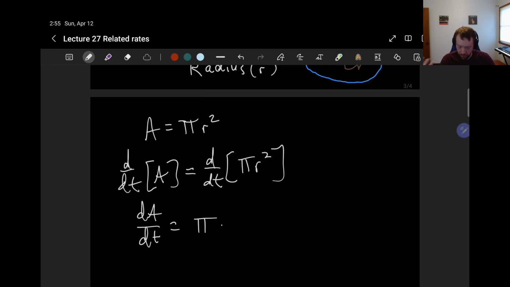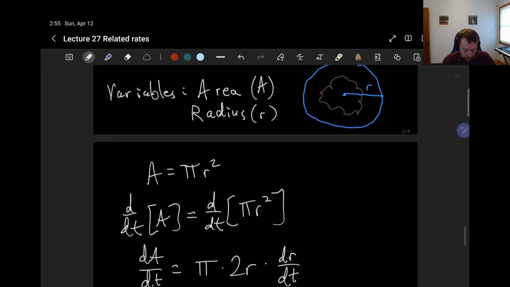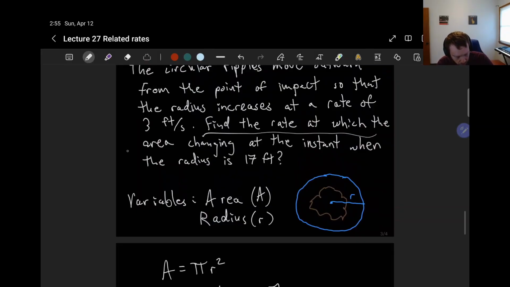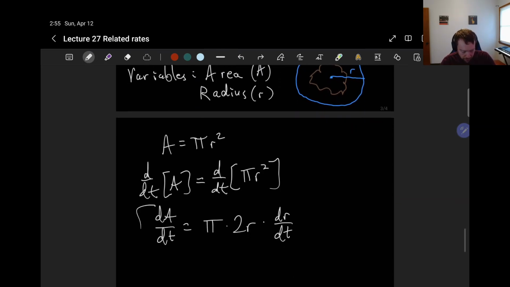R depends on time, so we take its derivative with 2r, but then we have to multiply by dr/dt. That's implicit differentiation. Okay, so we want to look at the question again. We're trying to find the rate at which the area is changing. So that's dA/dt. So I'm trying to find dA/dt.